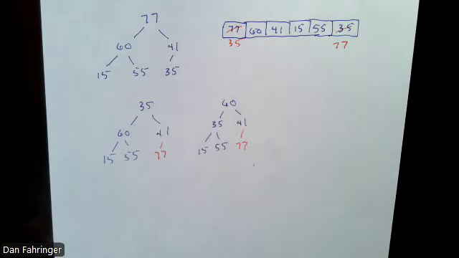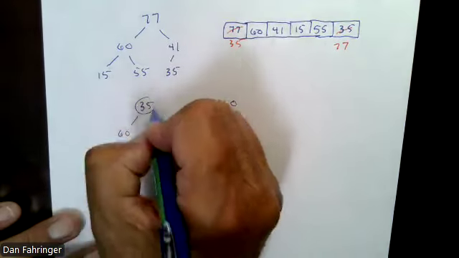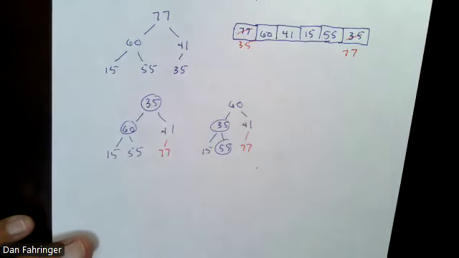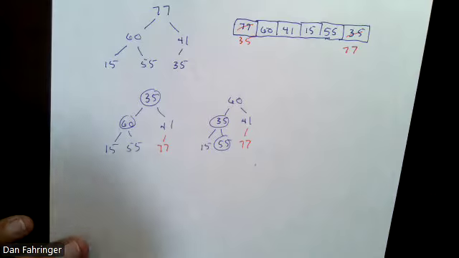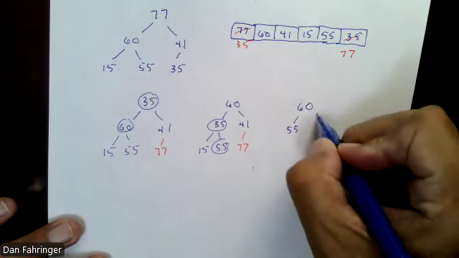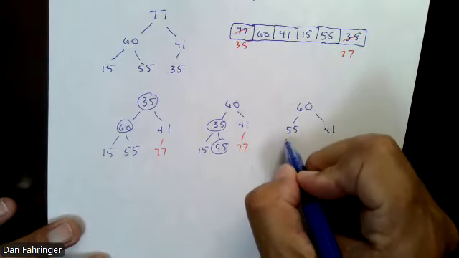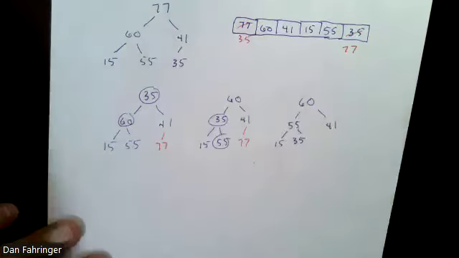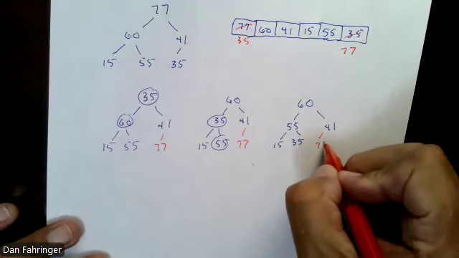Is it a heap? Nope. So I had to switch these two, and now I'm going to go one more time and switch these two. Now I have 60, 55, 41, 15, 35, and 77.